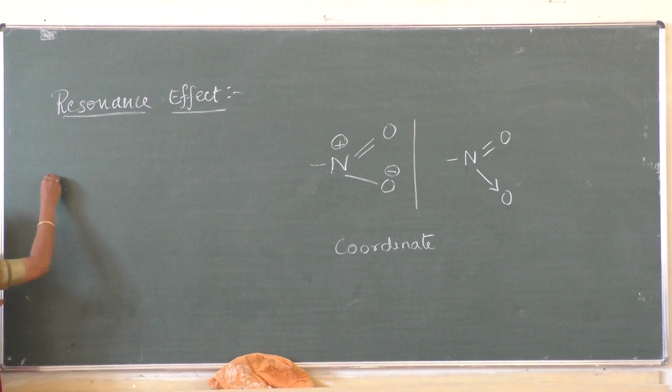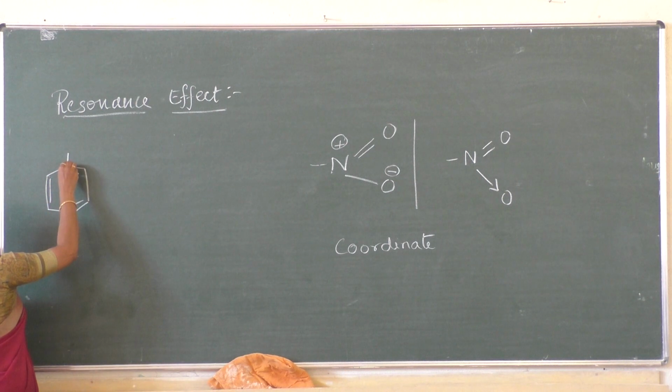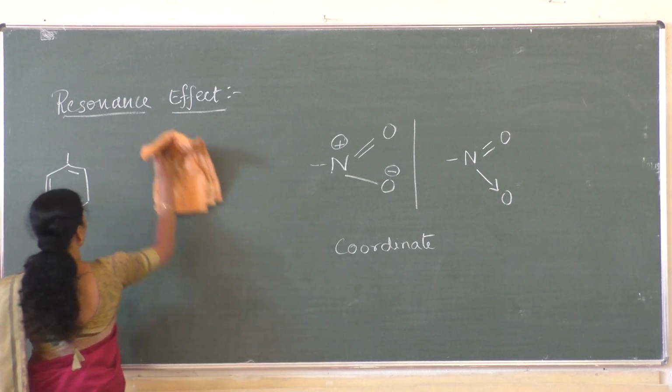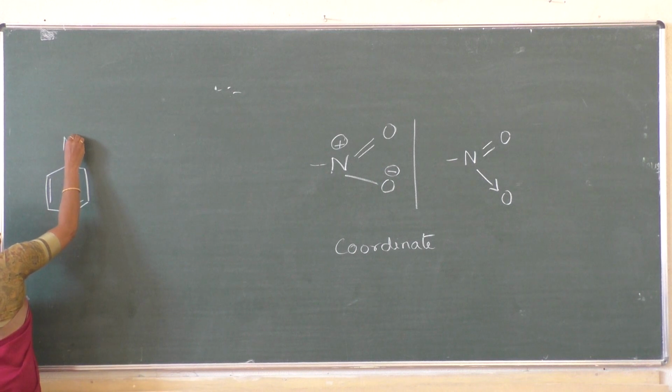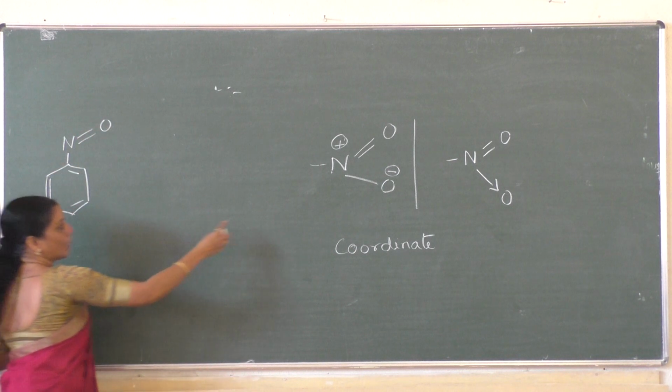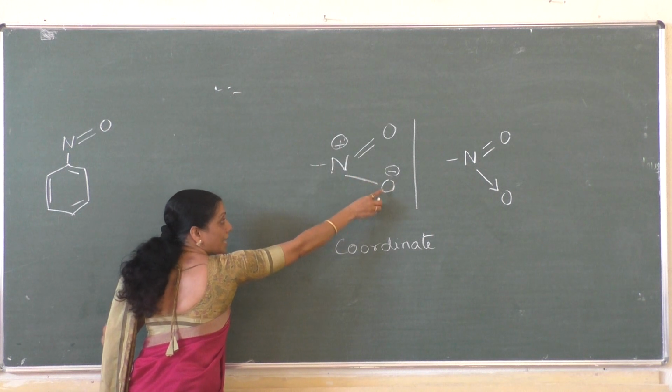Let us consider a benzene ring, C6H6. One of the hydrogen atoms is replaced by the nitro group. I will write here to explain the negative resonance effect: N double bond O, and another bond is a coordination bond with the sign plus and minus.